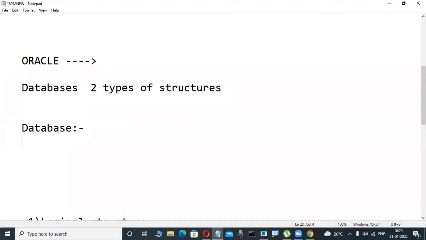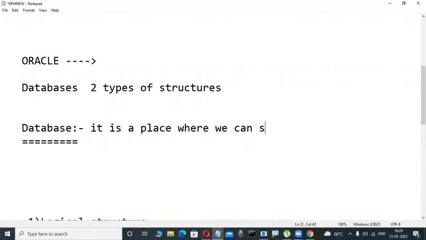What is a database? If you look in Google or in books, it is a place in a computer system where we can store a structured collection of data. What is data? What is information? What is DBMS? That is later. Structured collection of data.